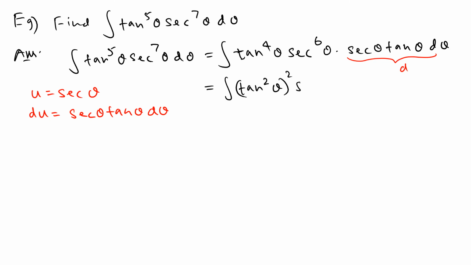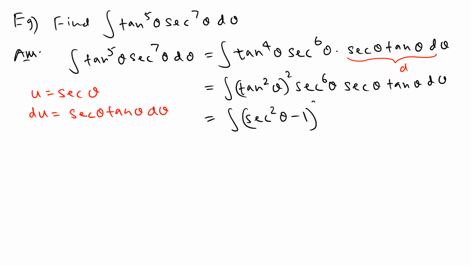I'm gonna rewrite here, but you can also substitute directly to avoid extra writing. I'm just writing this for completeness. Now we know that tan squared theta means secant squared theta minus 1, whole thing squared, and this is secant 6 theta, secant theta tan theta d theta.